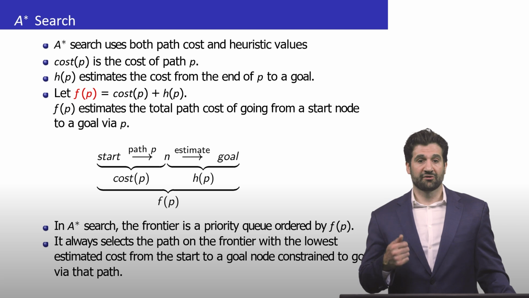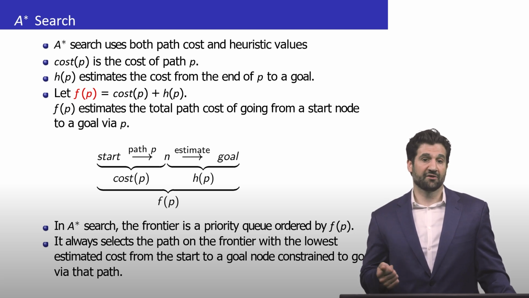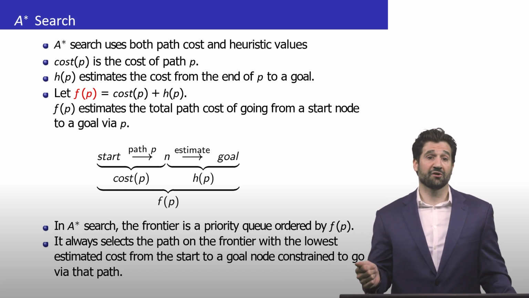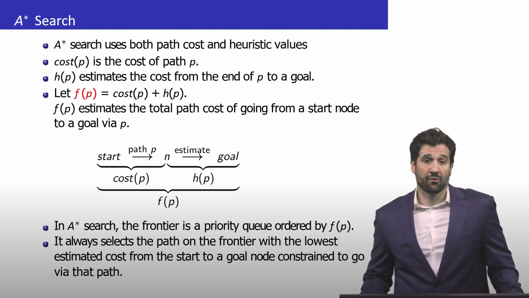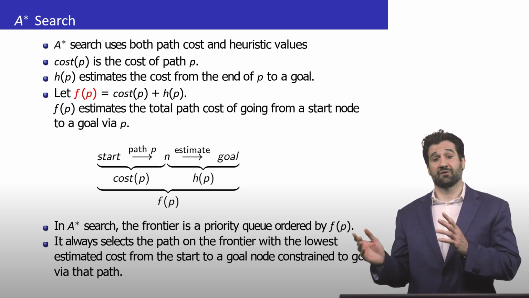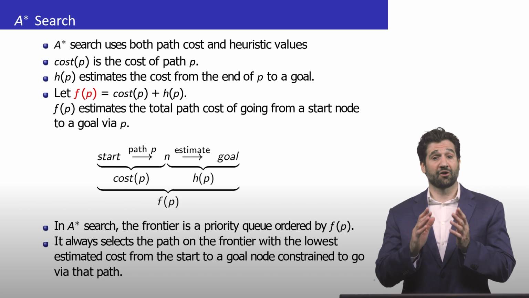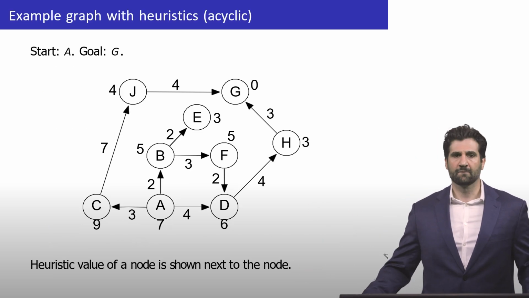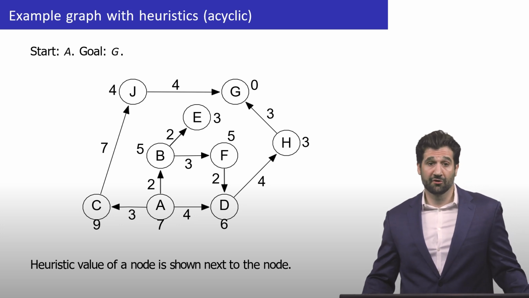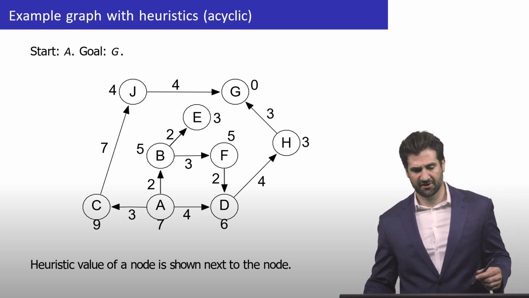And so it's always going to select the path on the frontier with the lowest estimated cost from the start to the goal node. Whereas before, we weren't considering from the start, we were just considering from the current node in the frontier to the goal.